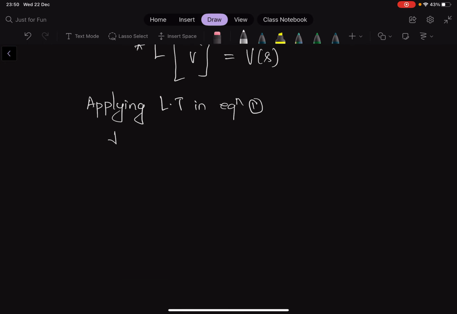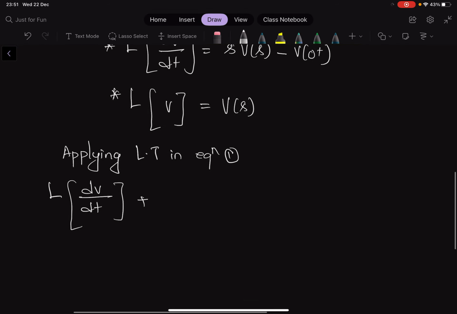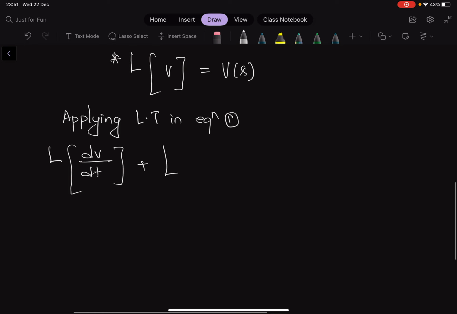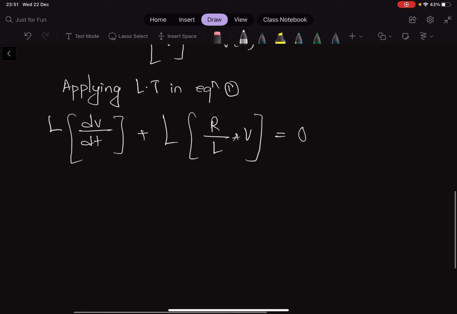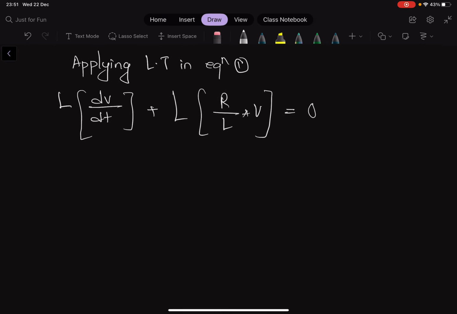We got dv over dt, and we are going to apply Laplace transform, plus r over L times v, so Laplace transform of r over L times v. Now r over L is a constant, and we need to apply Laplace transform on both sides, but the right hand side is 0, so it's not going to affect anything.